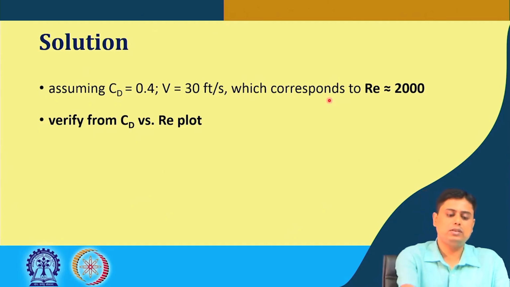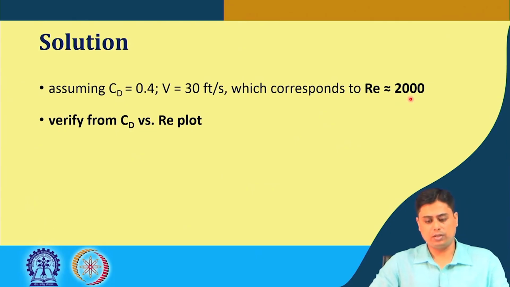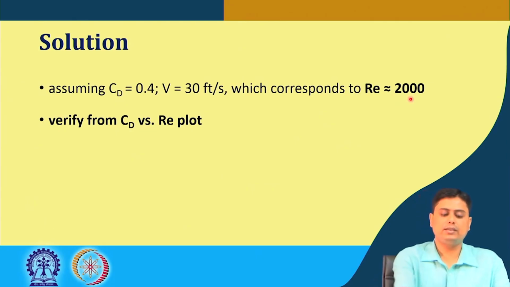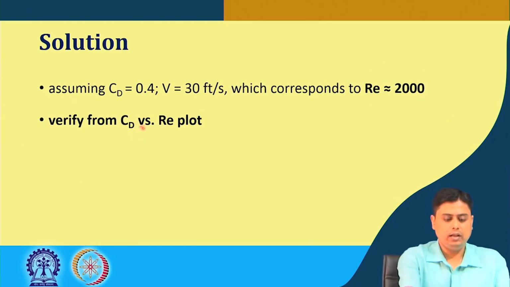So, in this case we see that for CD of 0.4, this is again trial and error. After several trials, if we zero in on the 0.4 value, we see that V is 30 feet per second, which corresponds to Reynolds number around 2000. If we consult the CD versus RE plot, we will see that for RE of 2000, the CD value is indeed 0.4.